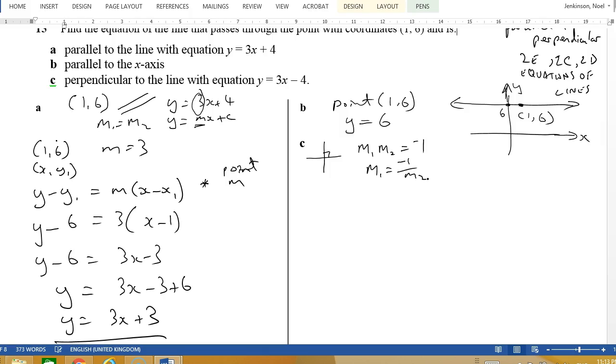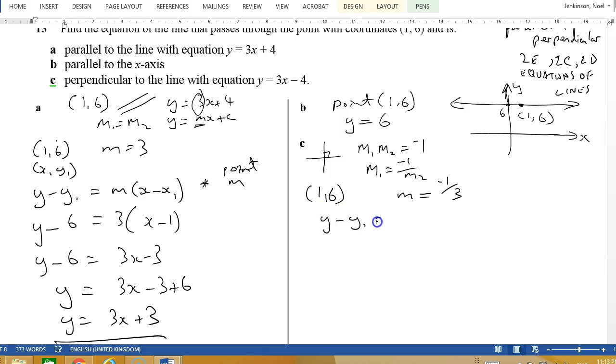They are negative reciprocals of one another. You flip it over and make it negative. So the point we know is (1, 6), and the gradient for the line we want now won't be 3, it will be negative 1 on 3.